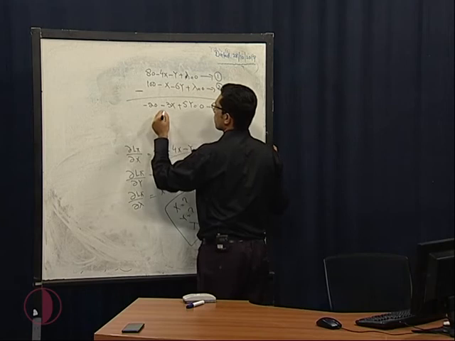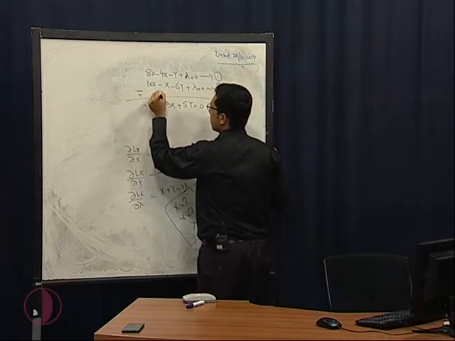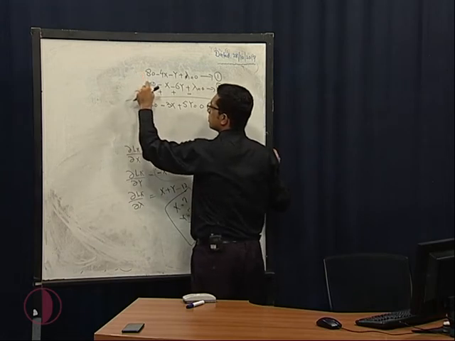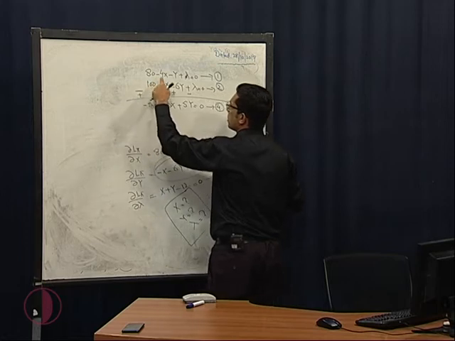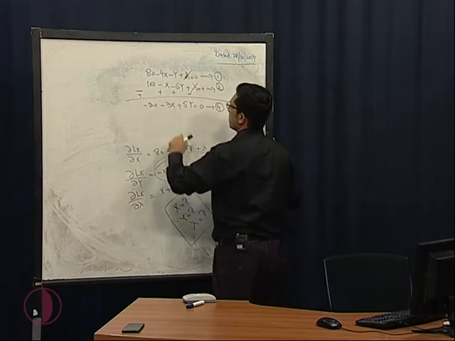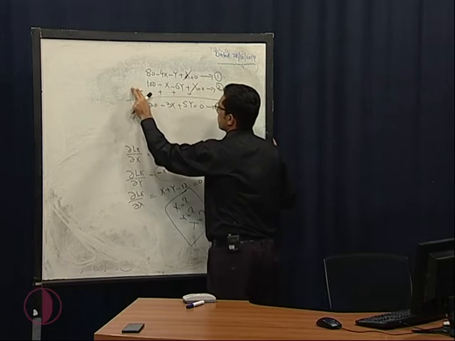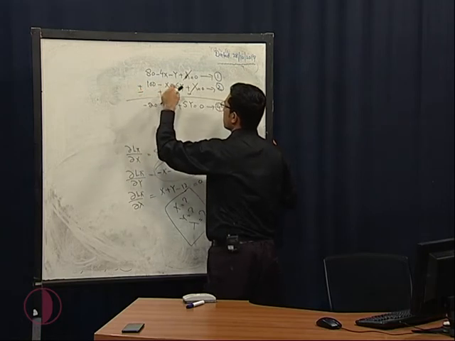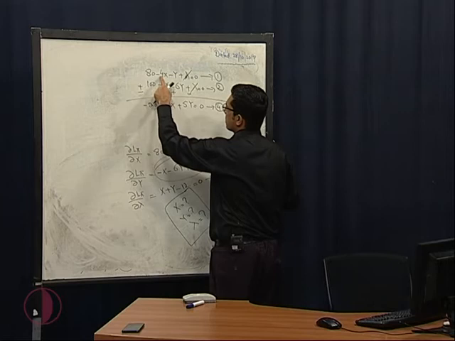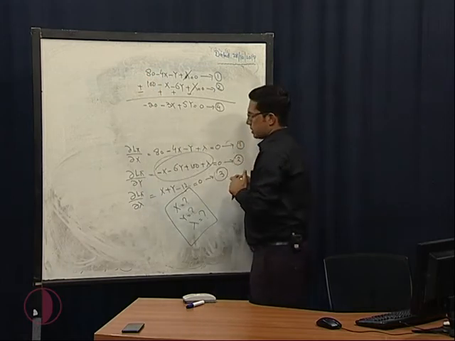When we subtract, we change the signs. The plus lambda cancels out with minus lambda, plus 6y minus y gives plus 5y, and minus 4x plus x gives minus 3x, and minus 100 plus 80 gives minus 20. So, this is equation 4.